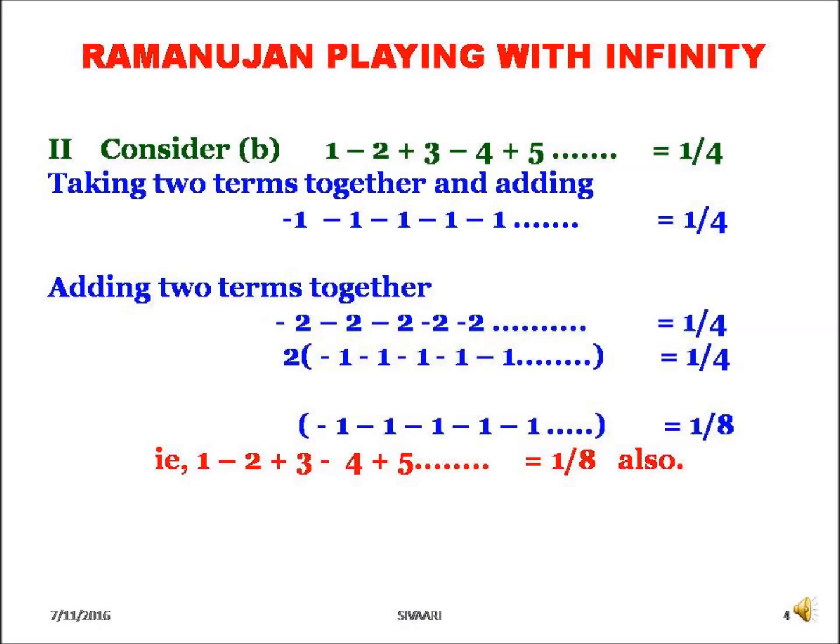Taking 2 as common factor, 2 into minus 1 etc. is equal to 1 by 4. Now 2 can be taken to the right hand side, then we get minus 1 etc. is equal to 1 by 8. That is, 1 minus 2 plus 3 minus 4 plus 5 can also be proved as 1 by 8.